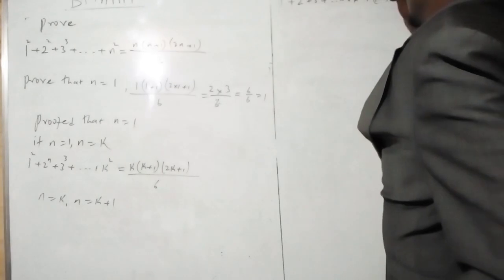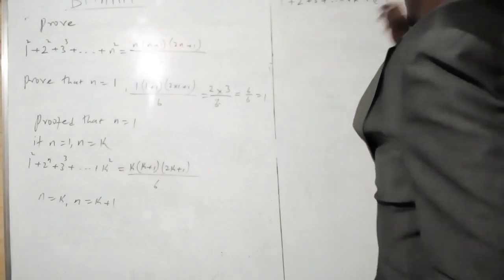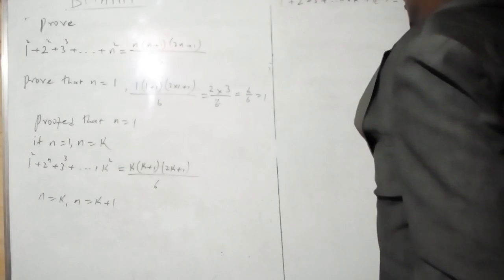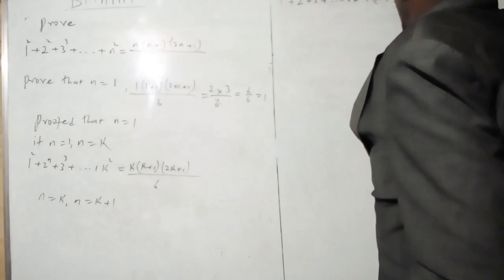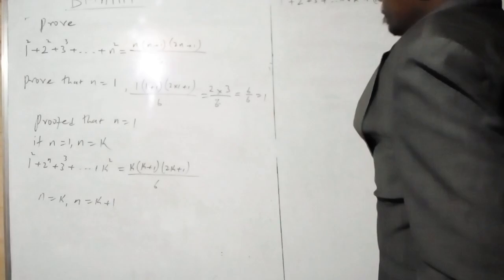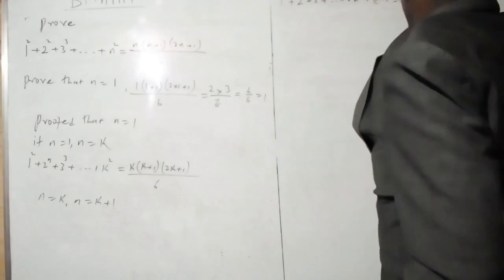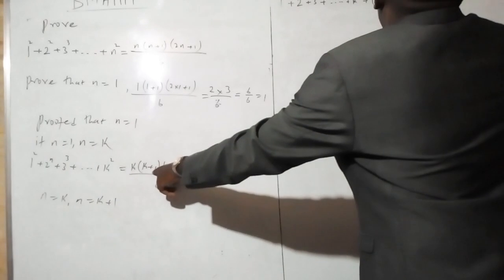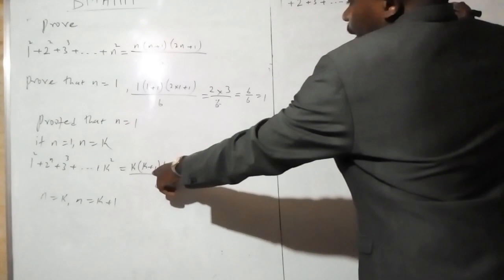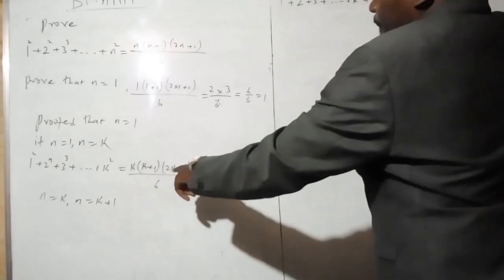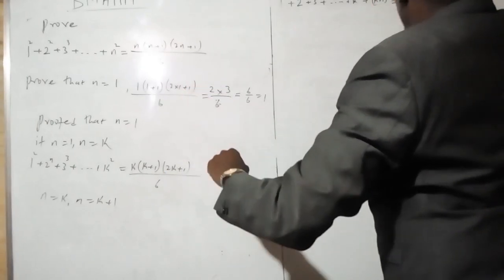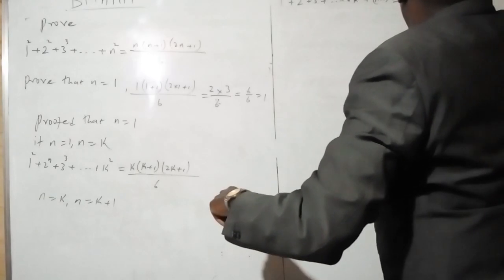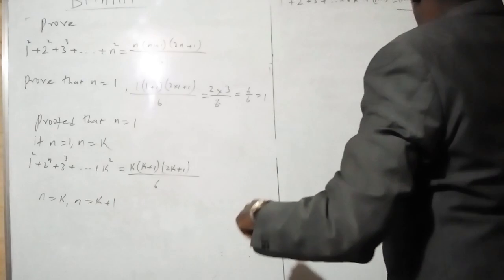What you have done on this side, you are going to do on the other side and say k plus 1, then k plus 1, where you have k, then you open the bracket, 2 times k plus 1 plus 1 all over 6.